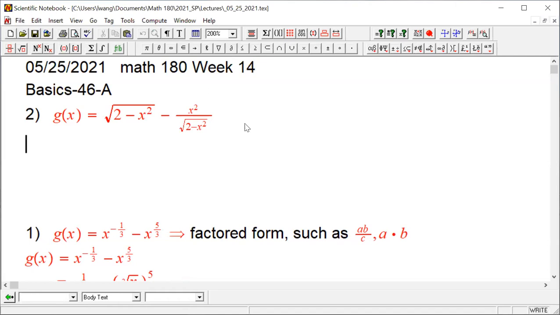Still 3 tasks, A, B, C. Simplify. Simplify meaning you're going to get to the factor form.